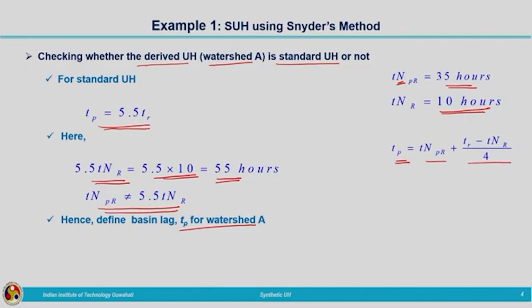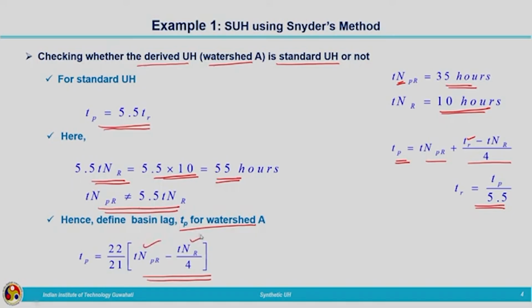Since we are assuming that this is a standard unit hydrograph, this Tr should be equal to Tp divided by 5.5. So, we can substitute Tr equal to Tp divided by 5.5 and this equation can be modified as Tp is equal to 22 divided by 21 times (TPR minus TR) divided by 4.